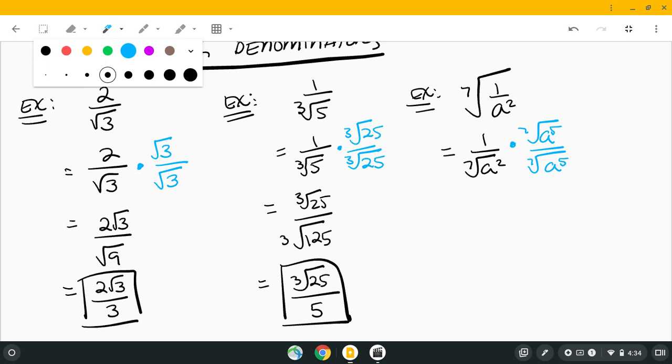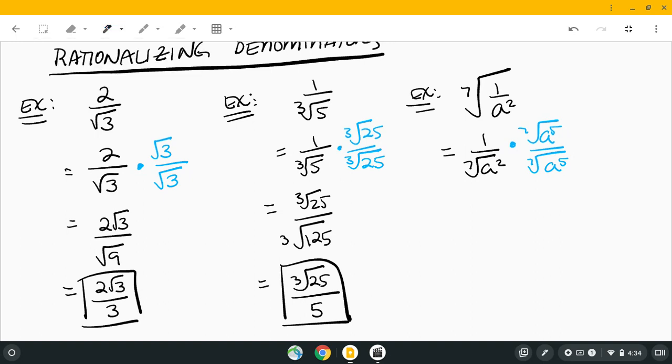By doing that, I get the seventh root of a to the fifth on top, and down below the seventh root of a to the seventh. So the numerator will remain, but down below I end up with just a. No more radical.